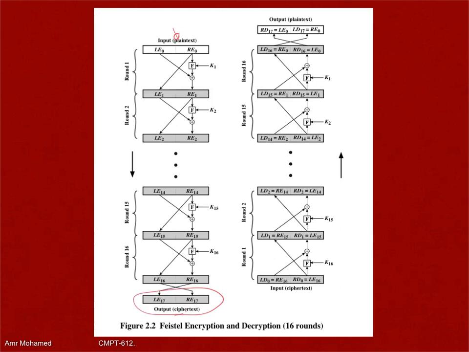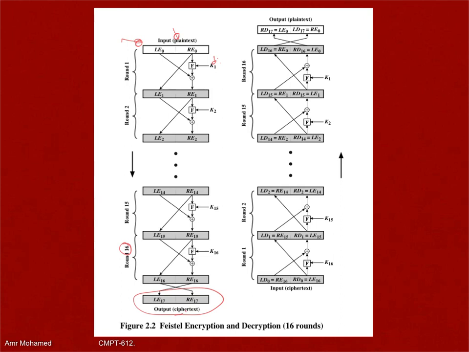As you can see, it looks complex, but in fact it's simple, and that's one of the strengths of this Feistel structure. So what happens is that using certain K1, K2, up to K16, and so on, we perform 16 rounds starting from the plain text all the way to the ciphertext.